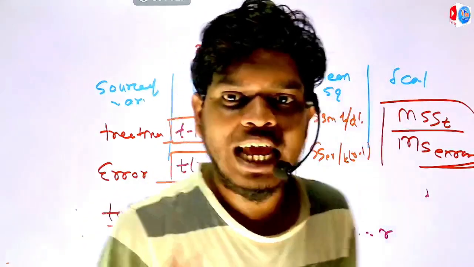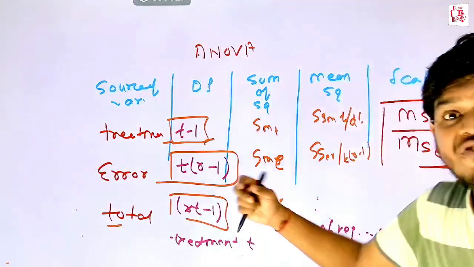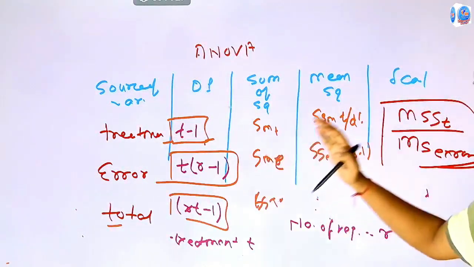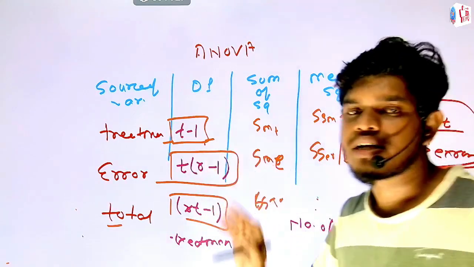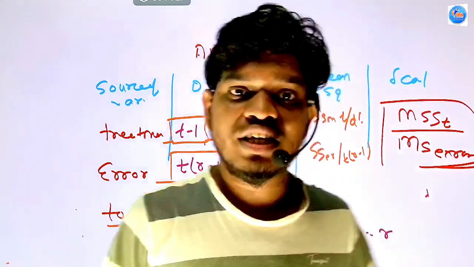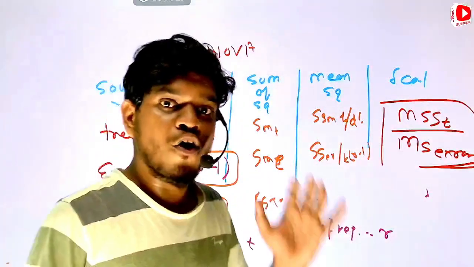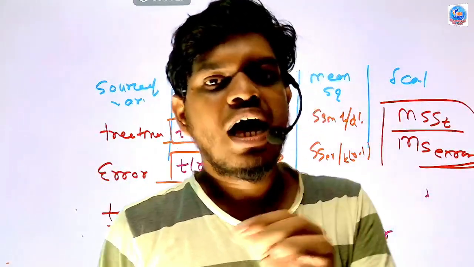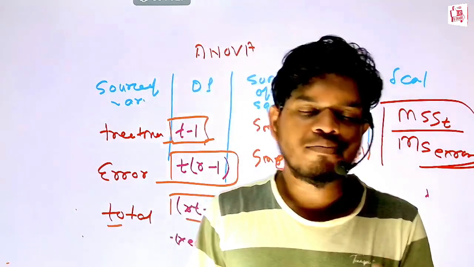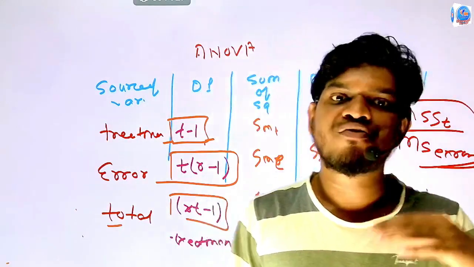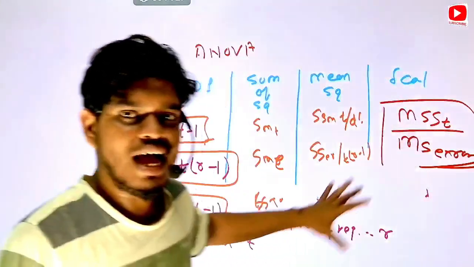If our F calculated is greater than the F tabulated value, then our treatment is significant. If less, then it is non-significant. This is about the ANOVA table of CRD. Hope you understand CRD, how to make the ANOVA table, and how to calculate treatment, error and DF values. This question is asked in exams.